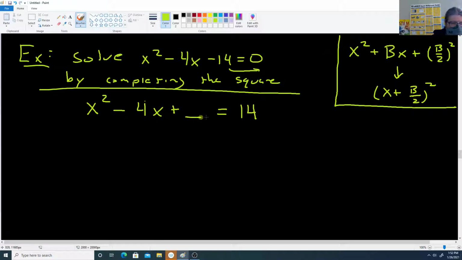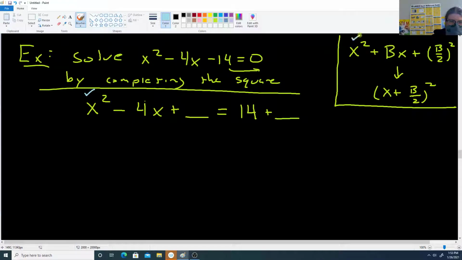I'm going to create a place to put a blank, because negative 14 wasn't (b over 2) squared, so I'm creating a blank to put whatever (b over 2) squared happens to be once we calculate it. And whatever I add to the left-hand side, I have to add an equivalent amount to the right-hand side to keep things balanced. So I'm going to go through term by term and say, okay, x squared is supposed to pair up with x squared.